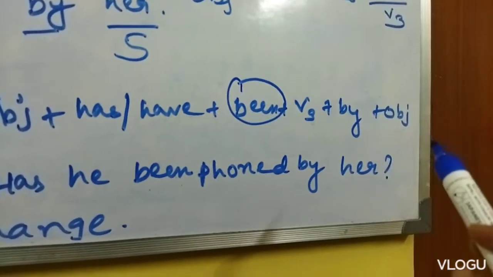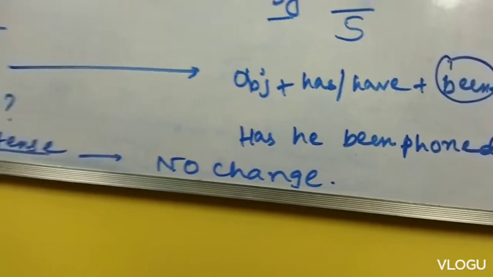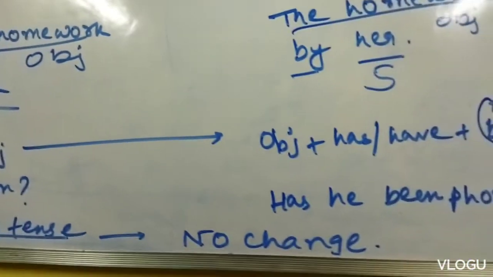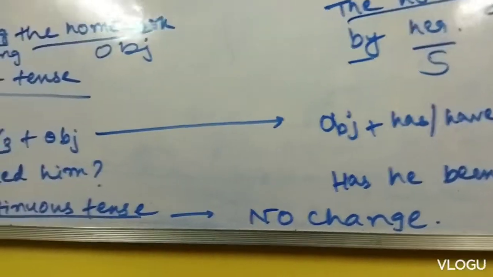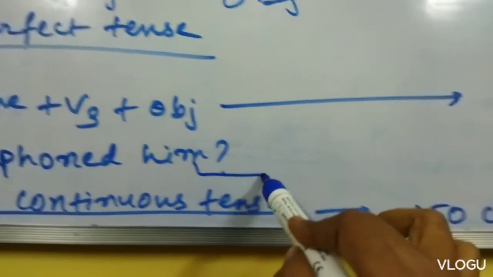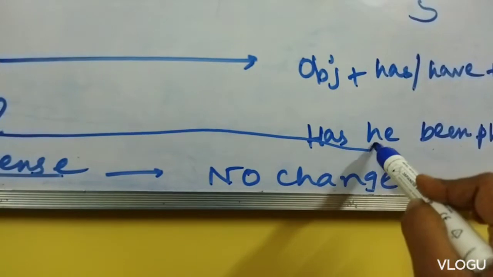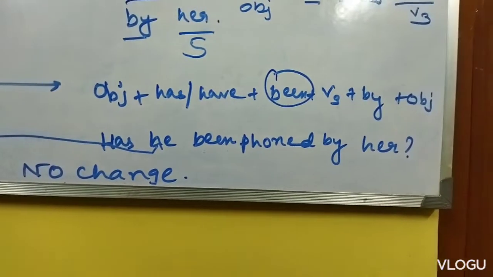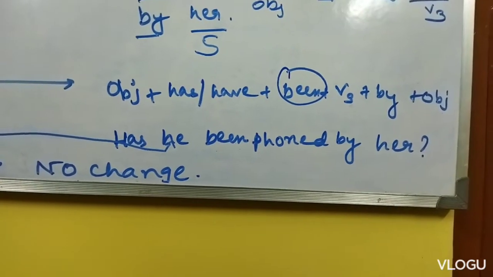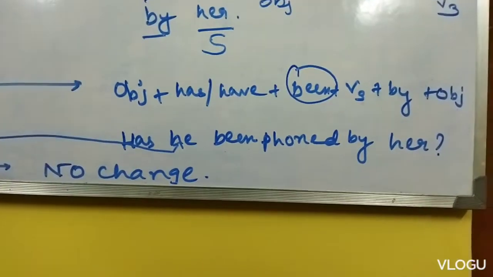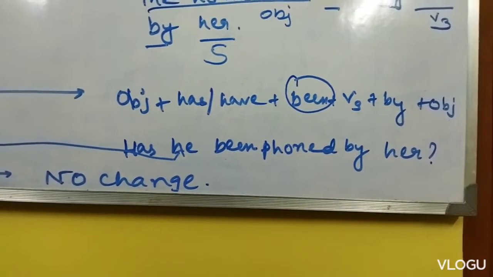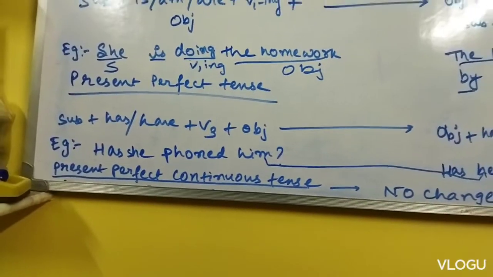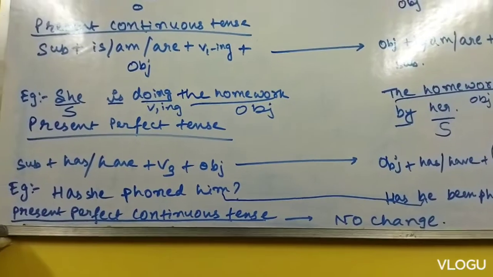Plus V3 plus by plus subject. So our has she phoned him, has remains has, then him becomes he. Then comes our been, then phoned, V3 form, we have used phoned, and by, and she becomes her. Okay? And in present perfect continuous tense there is no change.